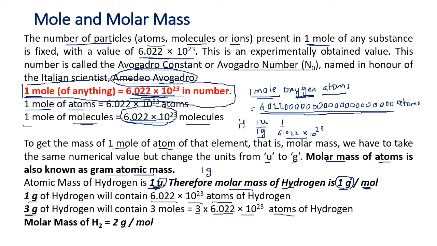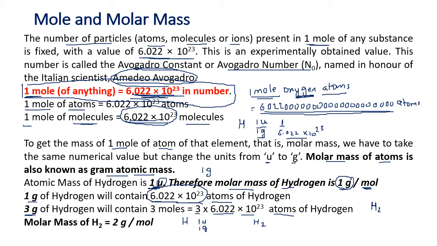Okay, that was 3 grams of hydrogen atoms. But hydrogen always exists as the molecule H2. Now see the difference. When I took a hydrogen atom, it was 1 unit. But a hydrogen molecule is H2. So when I take 1 gram of hydrogen atoms, it will have 6.022 into 10 to the 23 atoms.